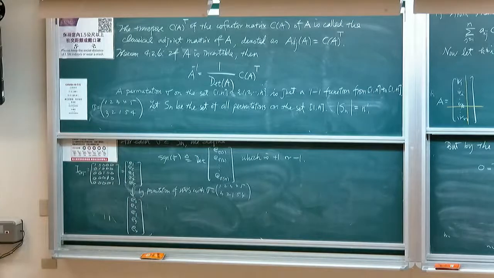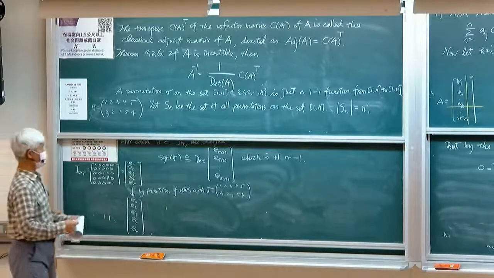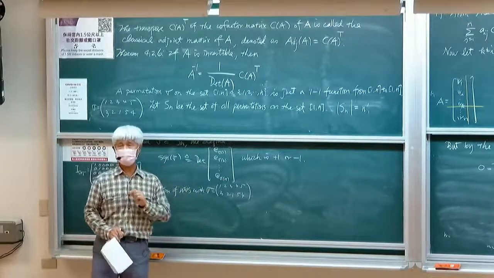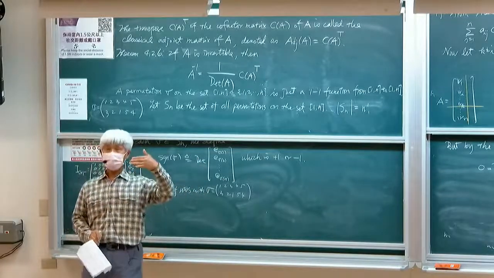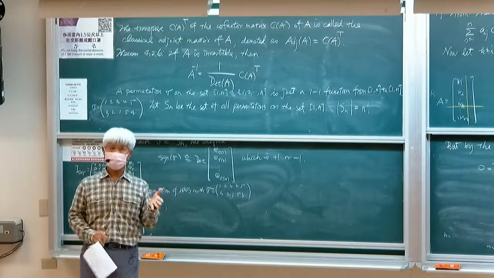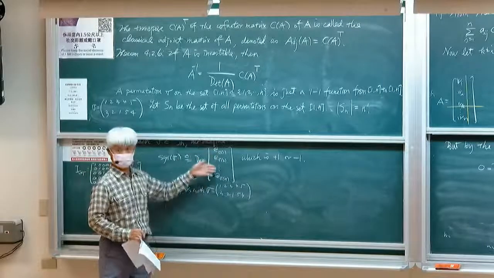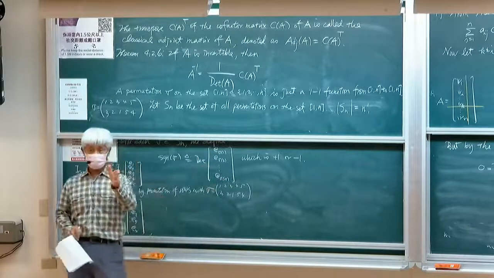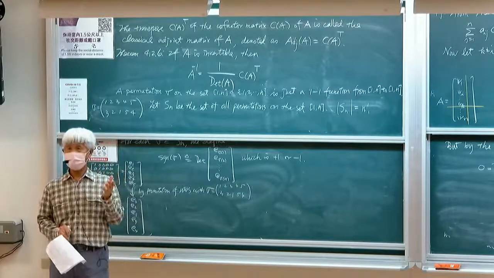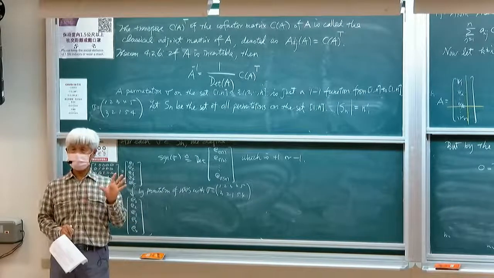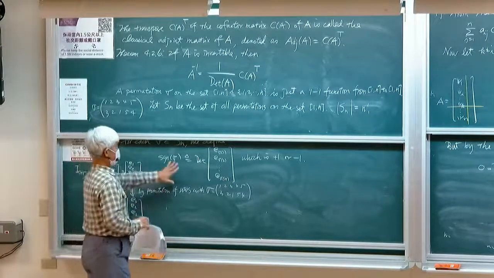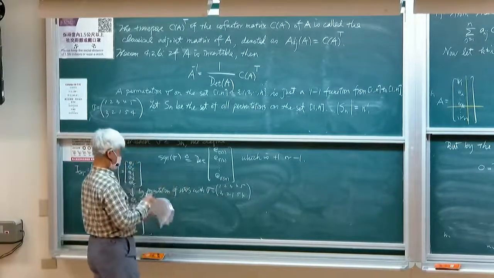Every permutation has a specific sign because the determinant function is unique, as we just proved. There is no ambiguity.